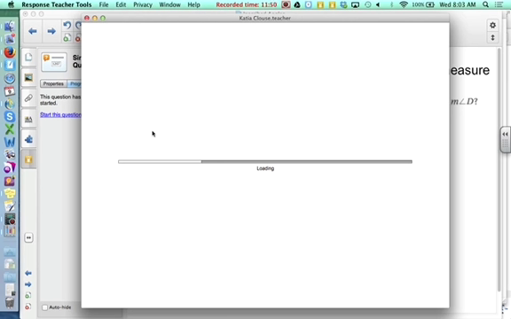Angle A is an inscribed angle. So here is A.